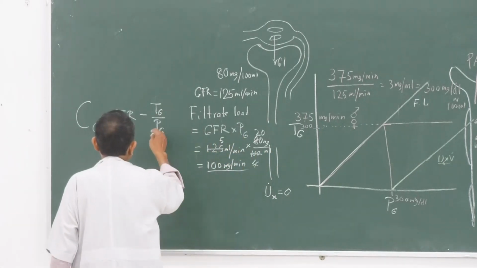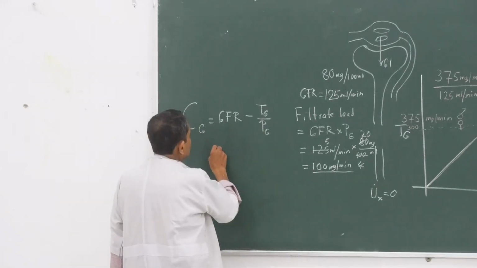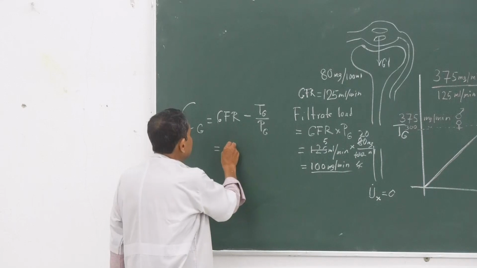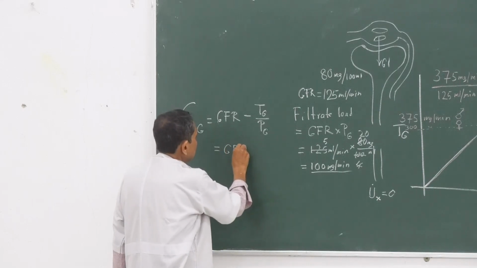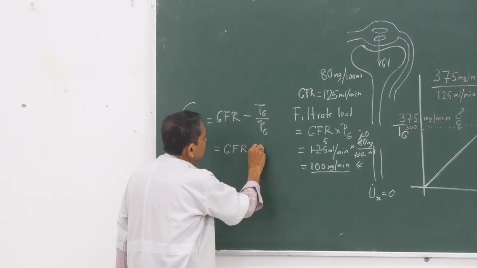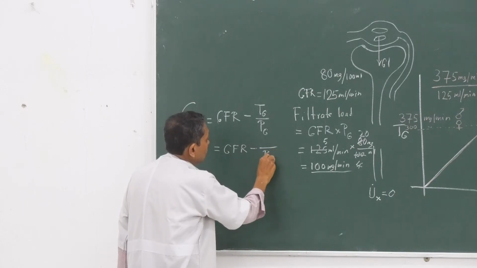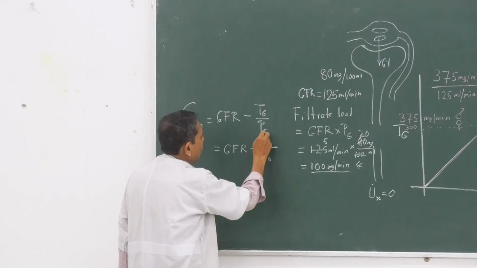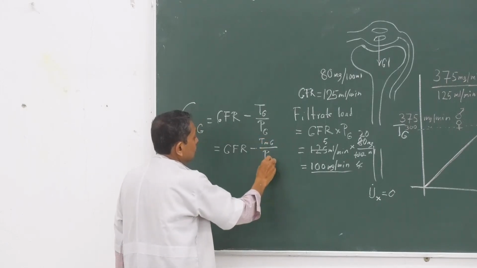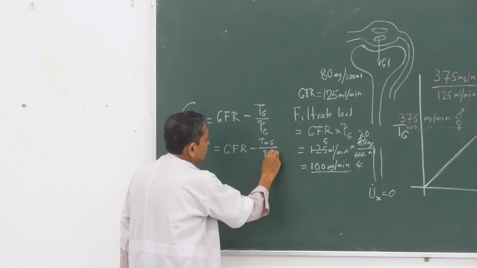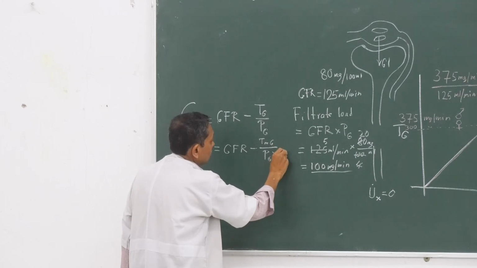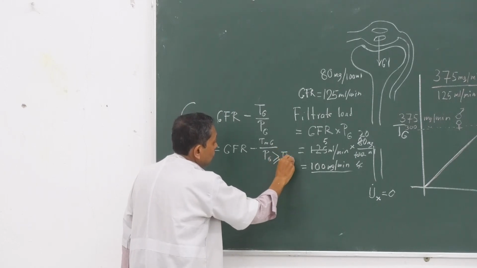And this formula is also applicable whenever the plasma glucose is equal to or more than the theoretical threshold, and TMG equal or greater than that of theoretical threshold.